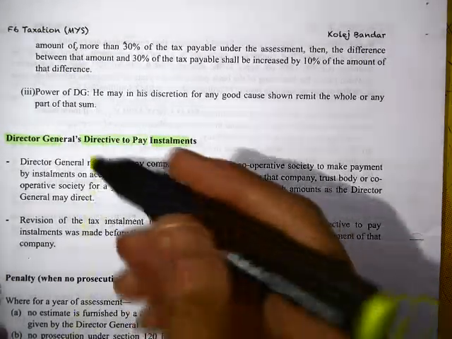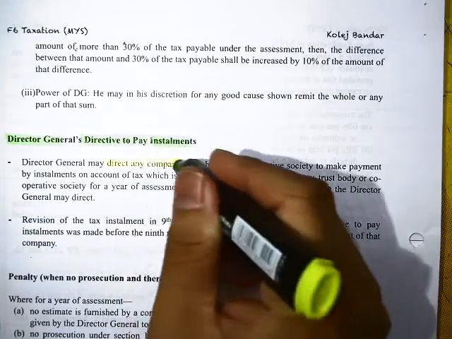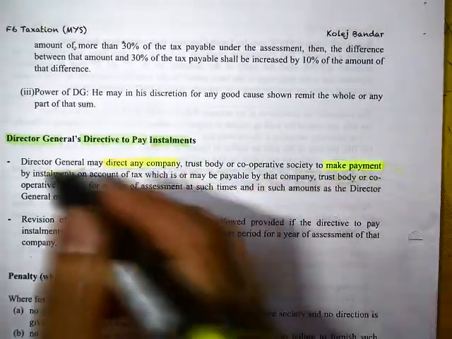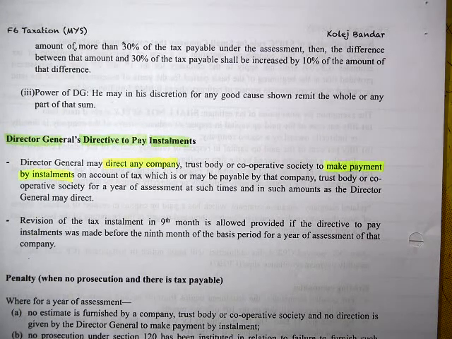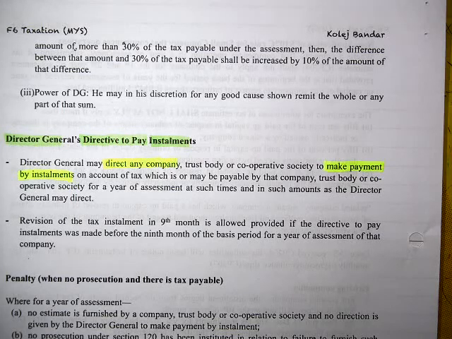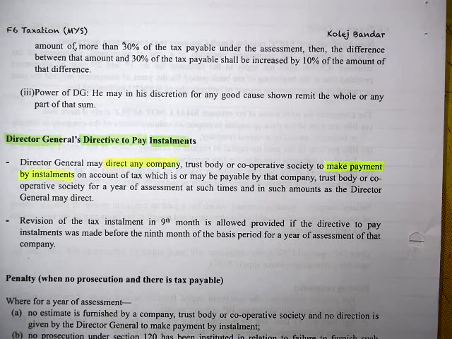The DG has the power to direct a company to make payment by installment at any amount that the DG finds reasonable. He can serve you a direction, and if you have been served a direction, then you're allowed to make a revision of your tax estimate. Okay, no problem. This is just a very small issue.